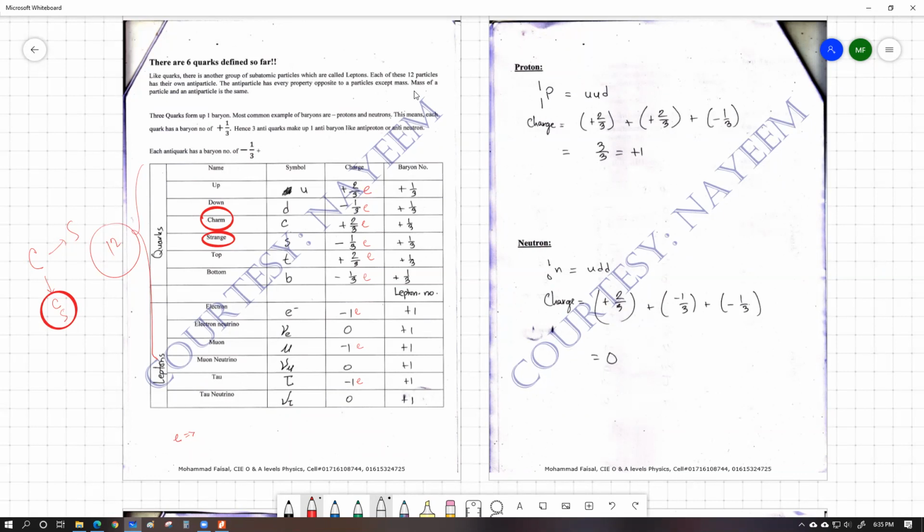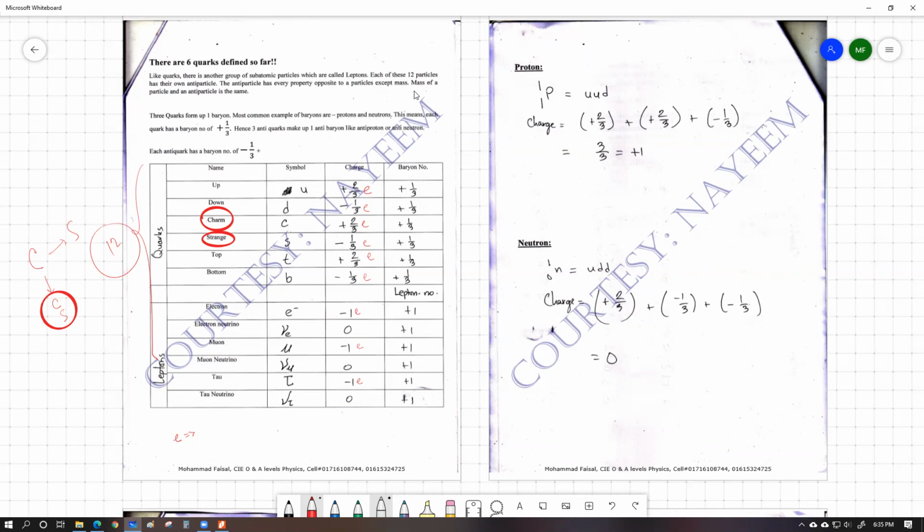But all of the other properties would be exactly opposite, which means the charge of an anti-up quark would be minus 2/3 e. Up quark has a charge of plus 2/3 e, so the charge of an anti-up quark would be minus 2/3 e. The baryon number for the up quark is plus 1/3. I'll explain where the 1/3 comes from. Also, the baryon number for the anti-up quark would be minus 1/3.